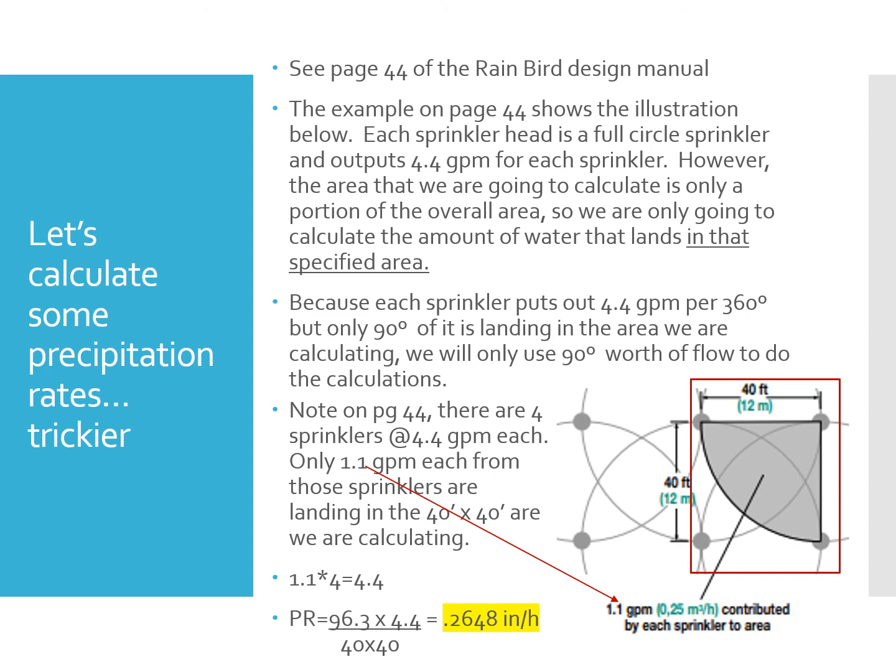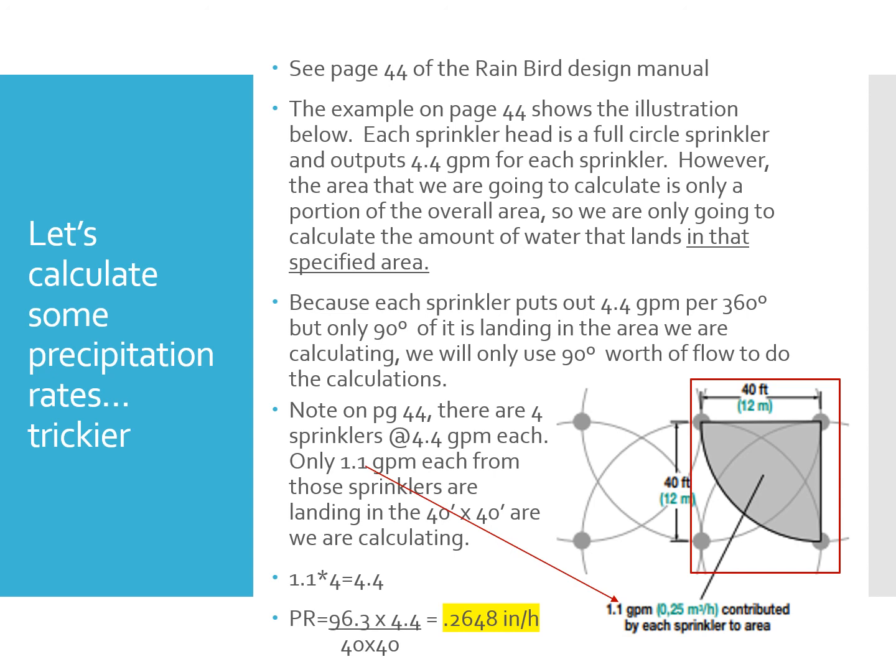So if you take 4.4 and divide it by 4 pieces, it's 1.1 gallons per minute landing in this particular space from each one of these sprinklers. So here's where we're going to go. We're going to say 1.1 gallons per minute times 4 sprinklers equals 4.4. The 4.4 is how many gallons per minute is falling into this 40 by 40 space.